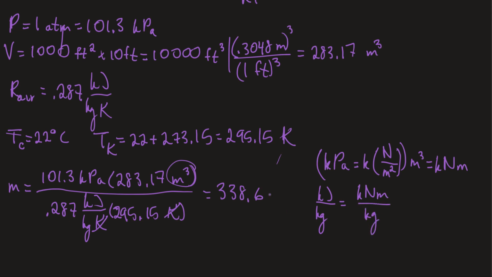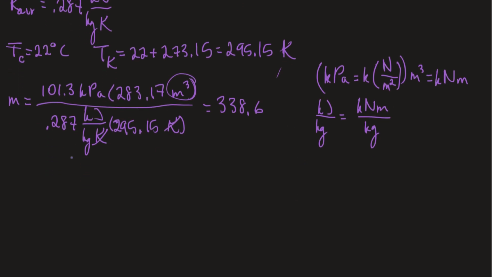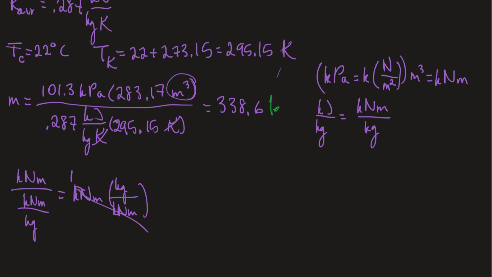And so putting these units back into the mass, we have a kilonewton meter on top divided by a fraction of kilonewton meter over a kilogram. And when you divide by a fraction, we multiply by the reciprocal. So kilonewton meter times a kilogram over kilonewton meter. And this gives us a kilogram. So now we know that the unit for this mass is a kilogram.